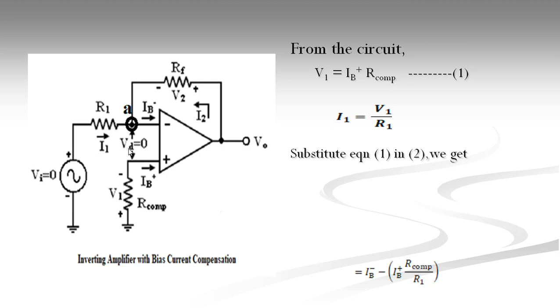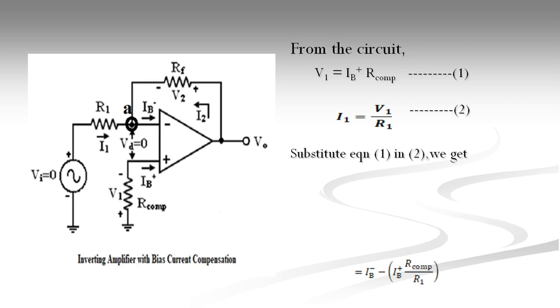For the ideal case, this VD is considered to be 0. Since VD is 0, whatever voltage is present at the non-inverting node, the same voltage will be present at the inverting node. So the voltage present at the non-inverting node is minus V1, and the voltage present at this node A is also considered to be V1. From this, we can write I1 using the V by R formula, that is V1 divided by R1. We consider that equation number 2.